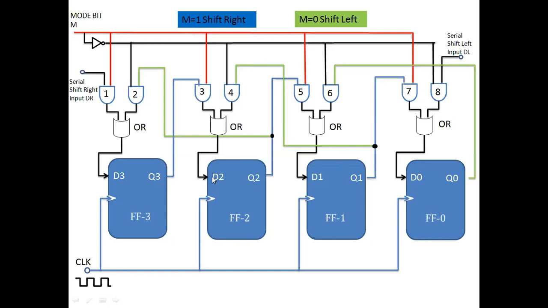When you apply the clock pulse, D2 is taken out from Q2, and that Q2 will act as the input for D3, and when you apply the clock pulse again, that will come at Q3. So the data are shifting from the right side to the left side. This type of shift register is called a shift left register. Both left shift as well as right shift can be performed using a single circuit with a control line.